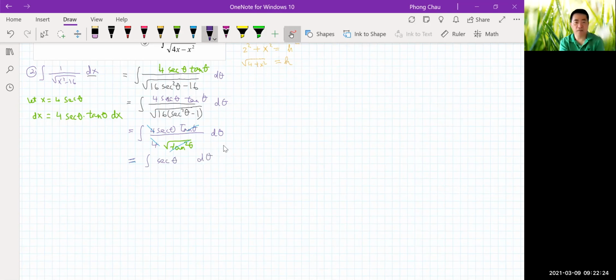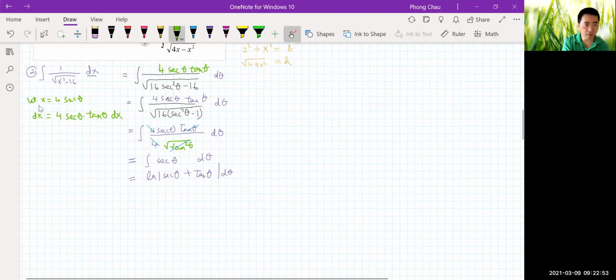We are taking the integral of secant directly. Well, we have the formula for that. It's the natural log of secant theta plus tangent theta. You see that's the same common secant there. All right, so we get to this point. What do we do after we integrate? We substitute back. When you talk about substituting back, you're using the original relationships between x and theta.